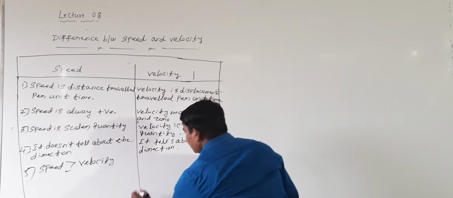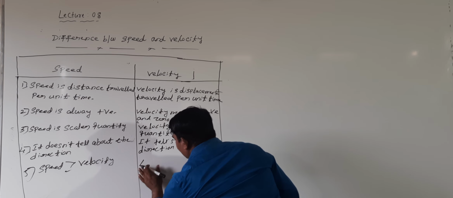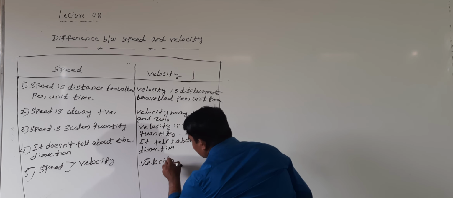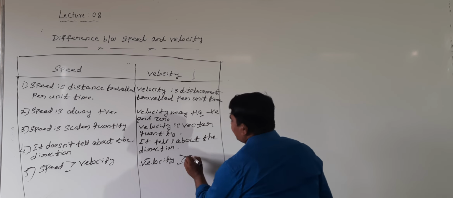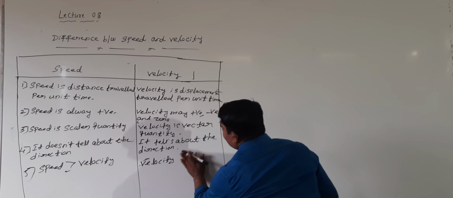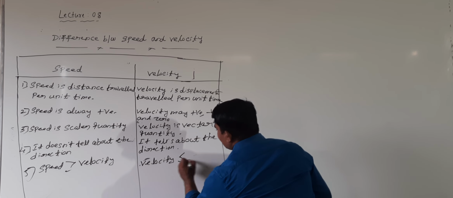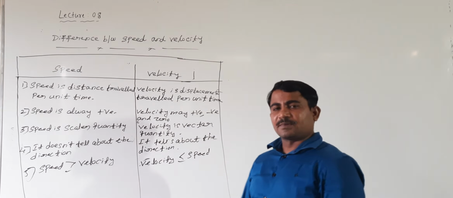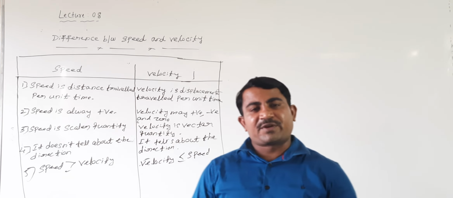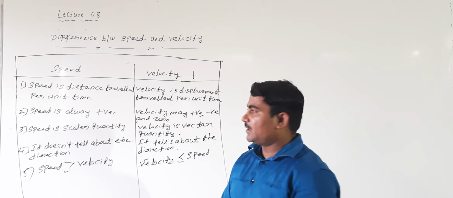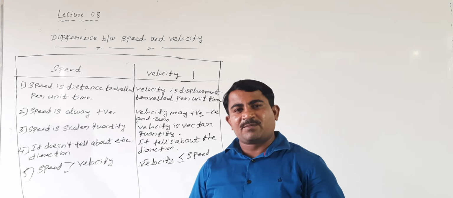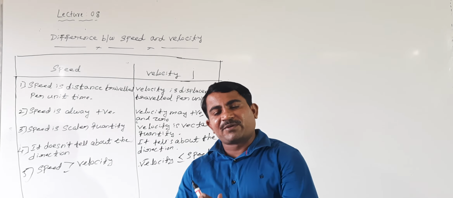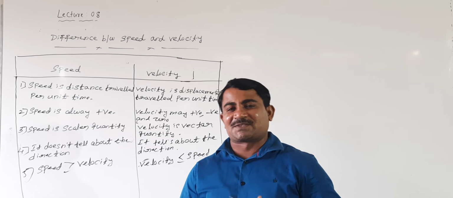Here, how to take it? Velocity may be equal to speed or less than speed. These are a few differences between speed and velocity. For a 2 marks or 3 marks question, this is very important. The question is like this: write the difference between speed and velocity.